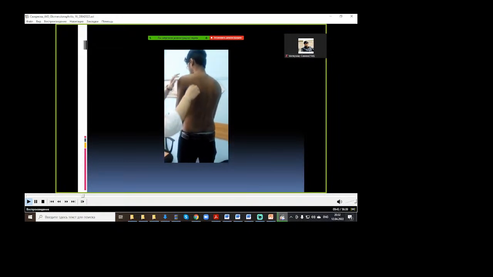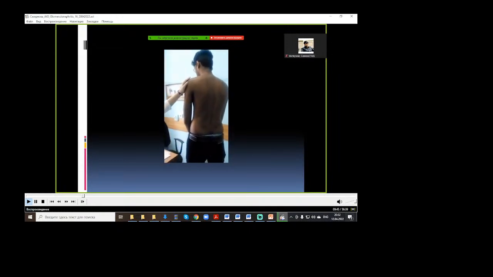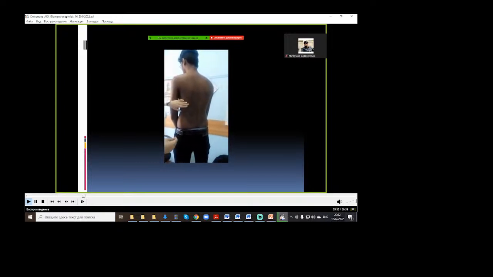Not so bad. So we must find the 11th thoracic vertebra, and the upper pole of the left kidney will be at the level of the 11th thoracic vertebra. How to find it? We find the angle of the scapula, which means the 8th thoracic vertebra, and count: 8, 9, 10, 11.